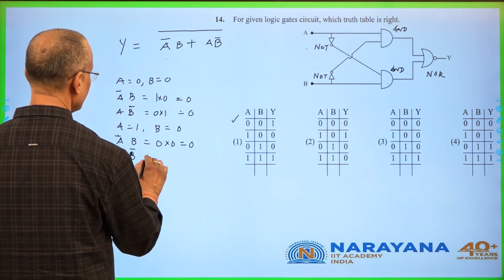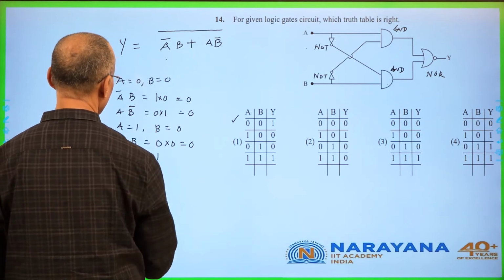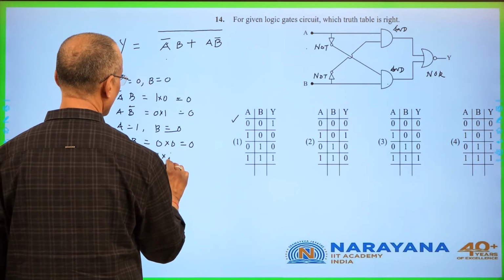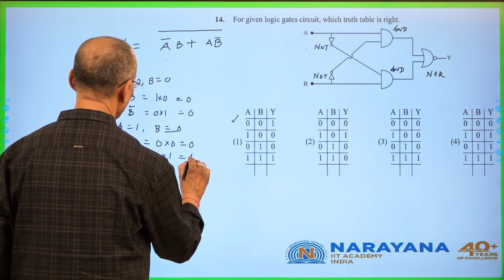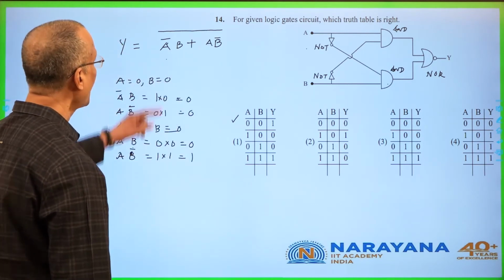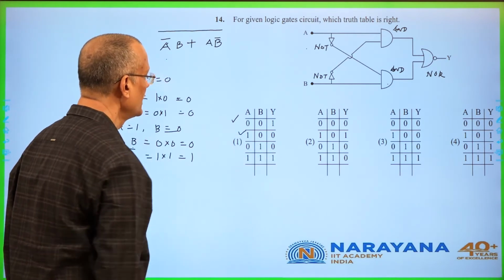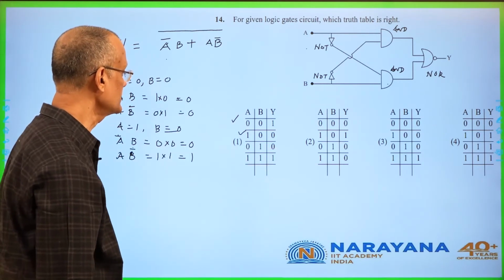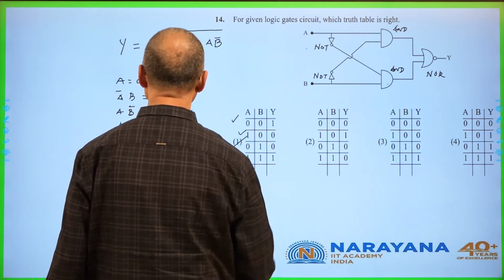The A is 1, B0, B0 naught is 1, am I right? So you are getting 1, so 0 plus 1 is 1, and naught is 0. So 1, 0, 0. Like this, you check for 0 and 1, you will certainly get 0, 1 and 1, you will get 1. Your answer is number 1.